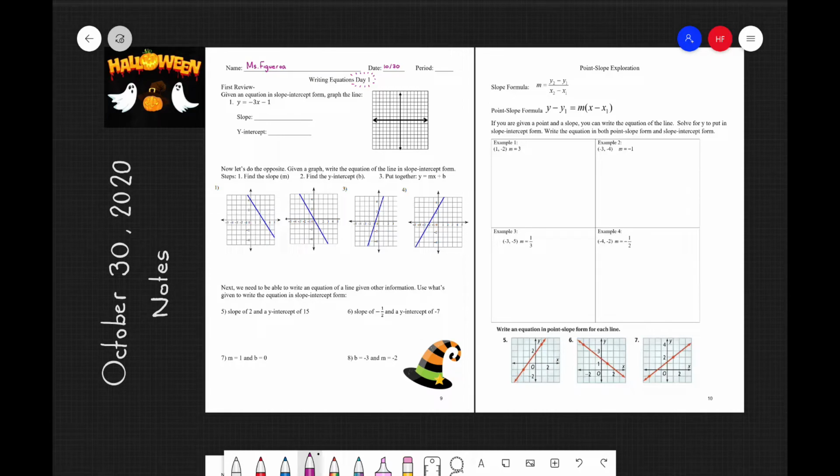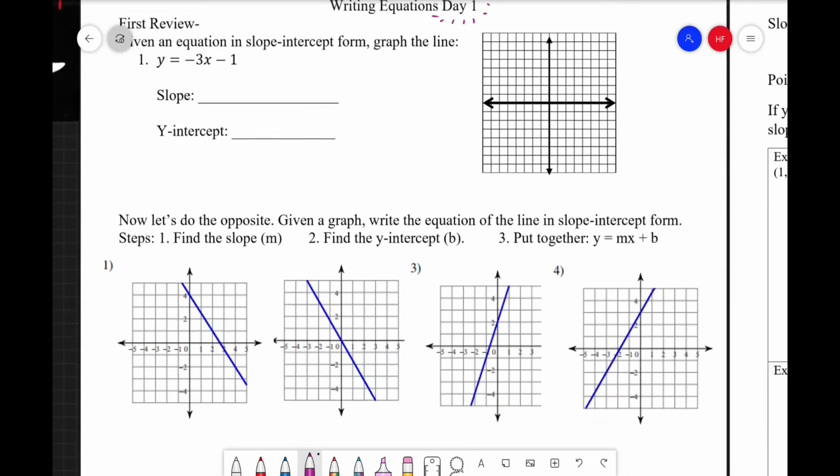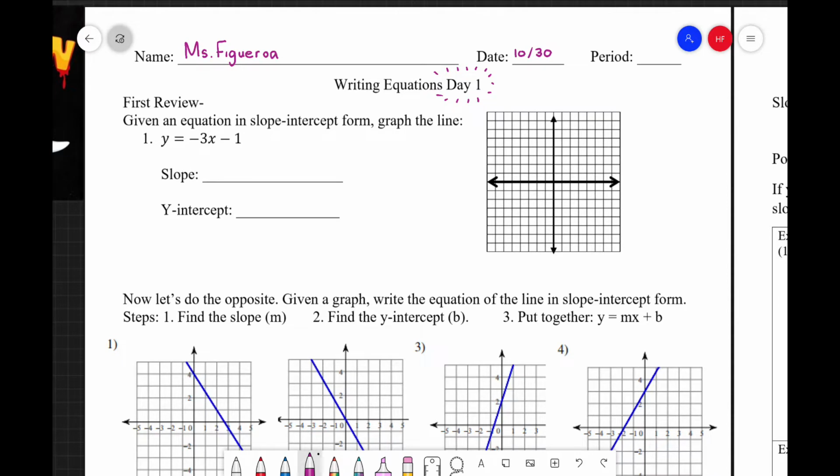Right here it says, given an equation in slope-intercept form, graph the line. Remember that slope-intercept form is the one we're probably most familiar with, and that's y equals mx plus b.